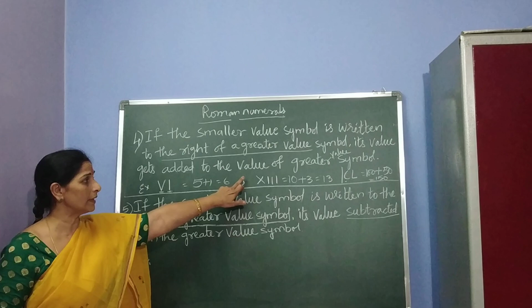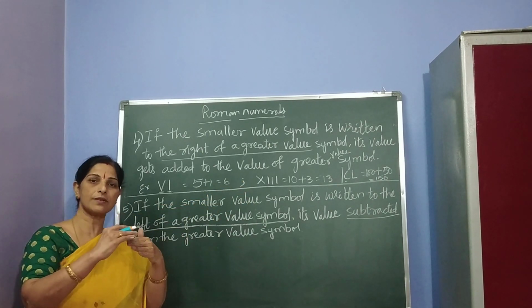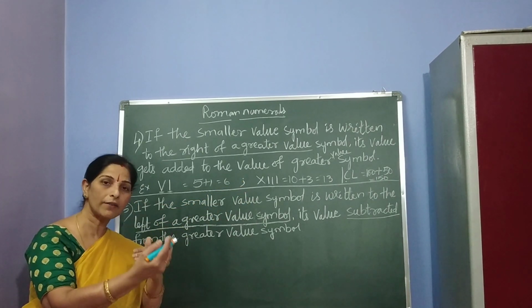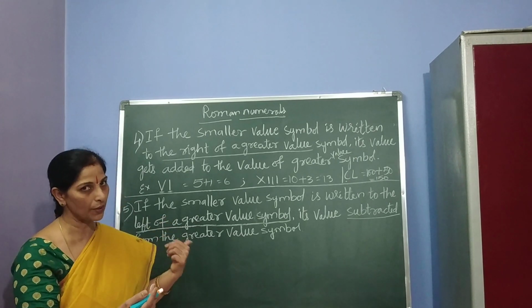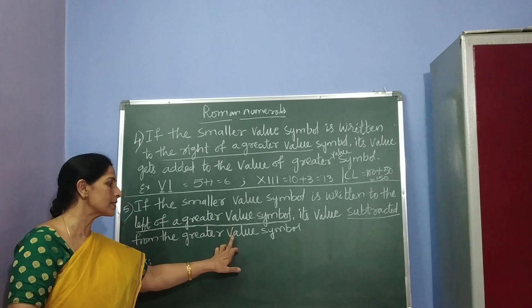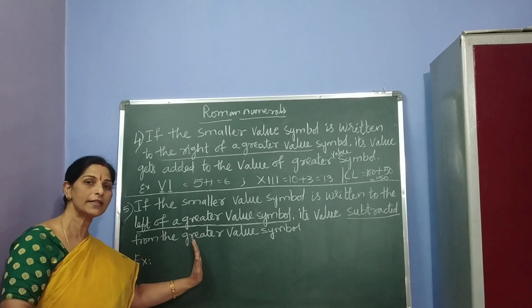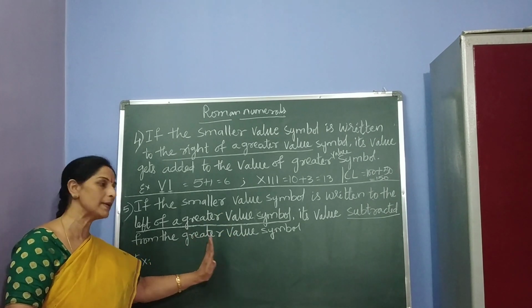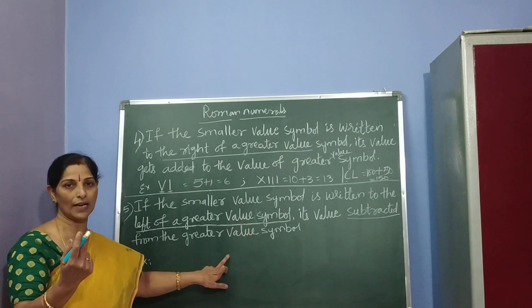What did you learn here? If the smaller value is written to the right side, it is added to the greater value symbol. Here it's the opposite. If the smaller value is written to the left of the greater value, the smaller value will be subtracted from the greater value symbol.